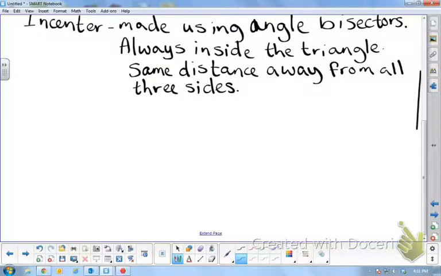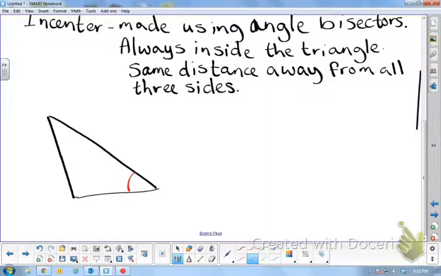So we're going to take one triangle again and draw three angle bisectors and see where they intersect. So again, right now we're just eyeballing. We're just approximating where this angle bisector actually is.